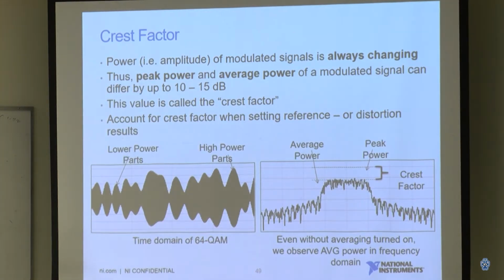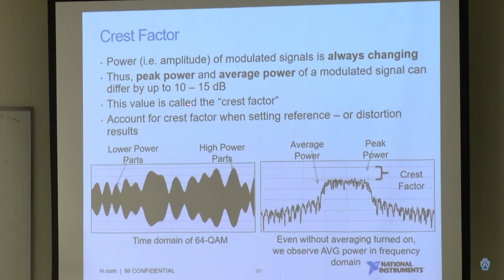Okay, so there's another term called crest factor in RF, especially for modulation signals. Remember, in a modulation signal, the power, meaning the amplitude, is always changing. So when the power is changing, there's a concept called peak power and average power. They are not the same.